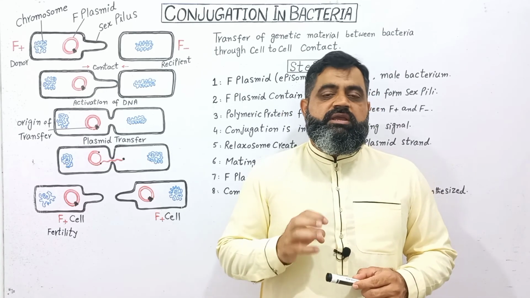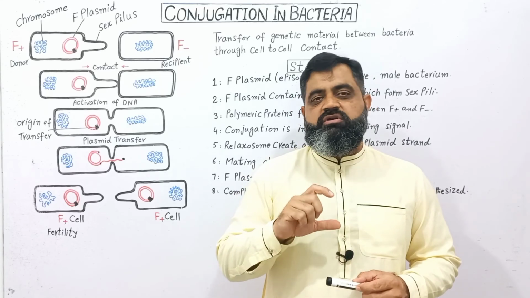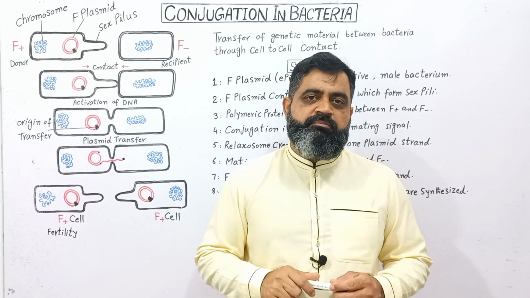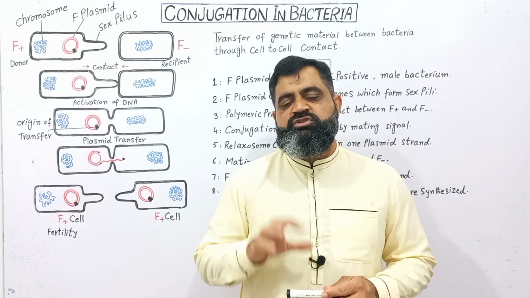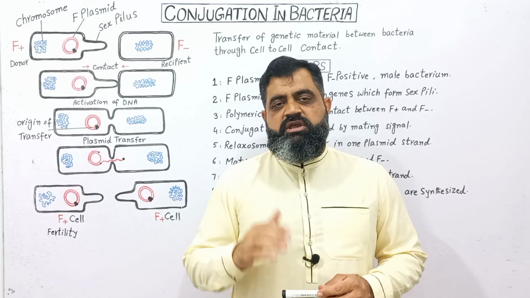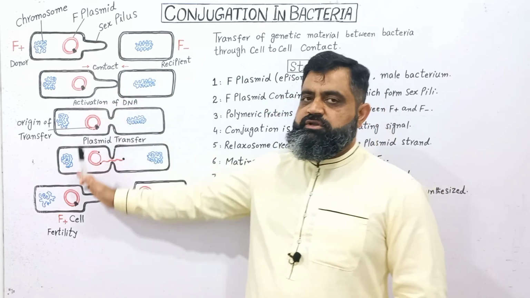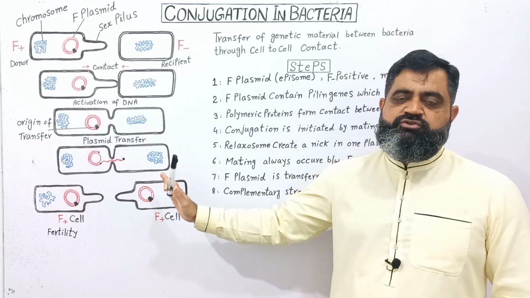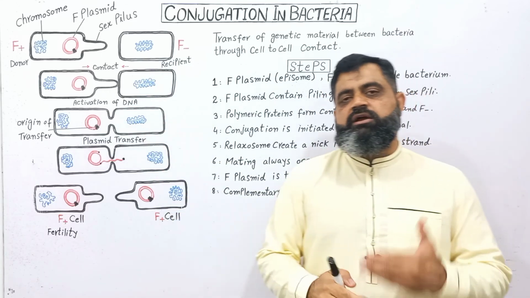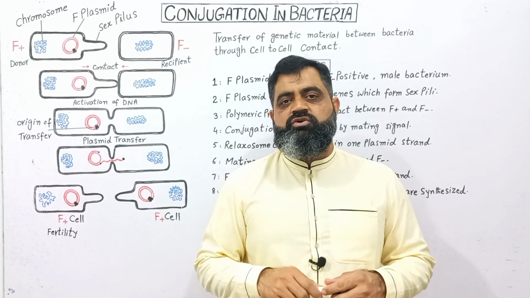Some bacteria gain resistance against certain antibiotics, and they want to transfer this technology to other mates or other bacteria. So to transfer this technology or antibiotic resistance, bacteria do conjugation and transfer their genetic material to other bacteria, so that they can also become F positive, with the F factor, or donor bacteria.